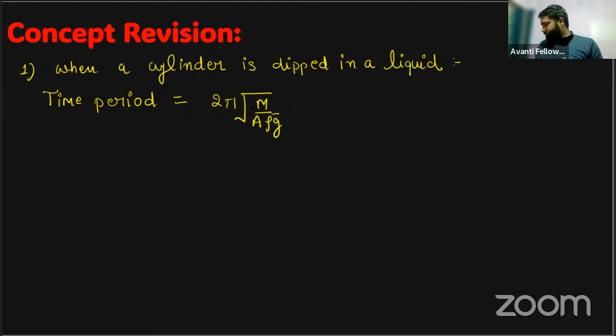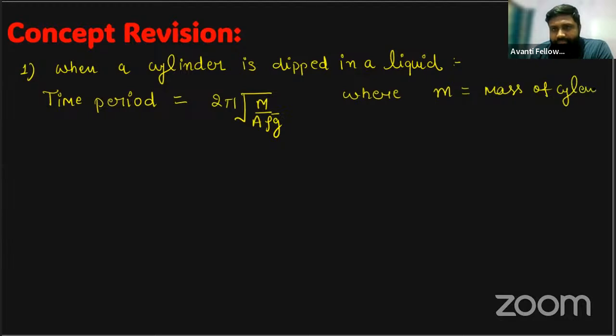Where m is the mass of the cylinder, rho is the density of the liquid, and A here is the surface area of the cylinder.